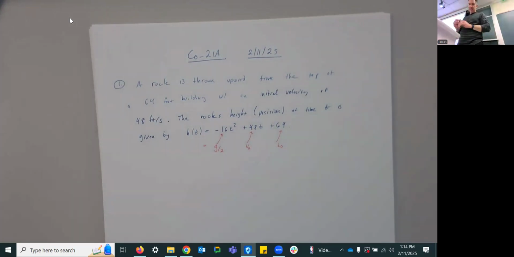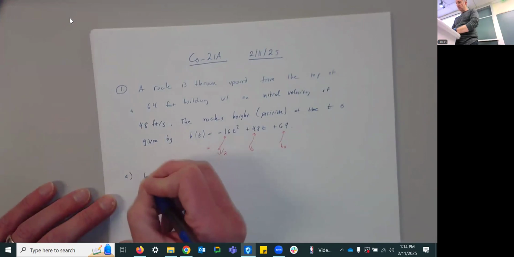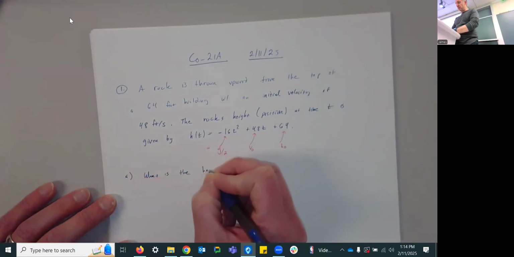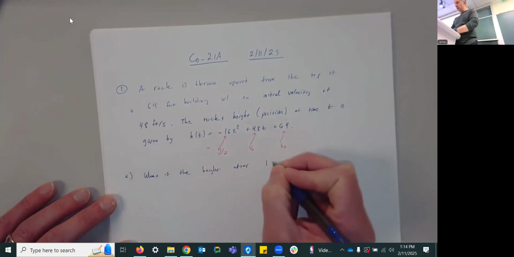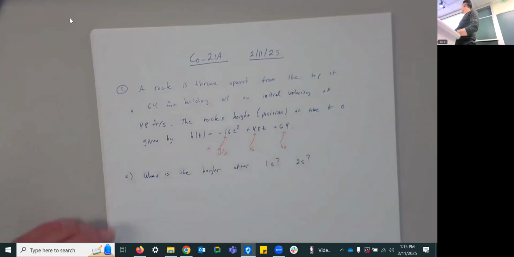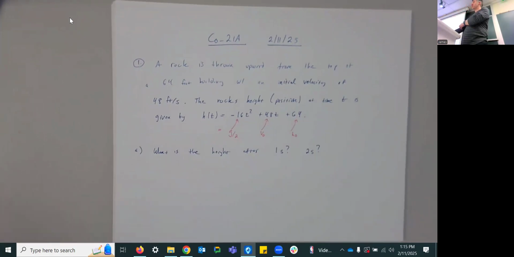So then we like to ask some question, like, what is the rock's height after 1 second or 2 seconds? What's a relatively straightforward question to answer? We're just going to plug in those values.